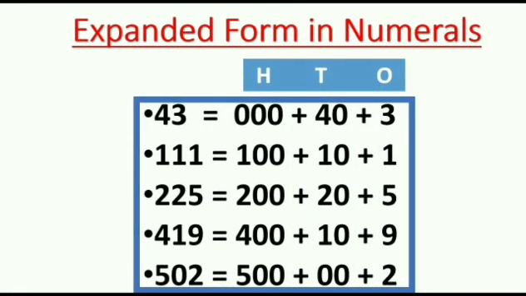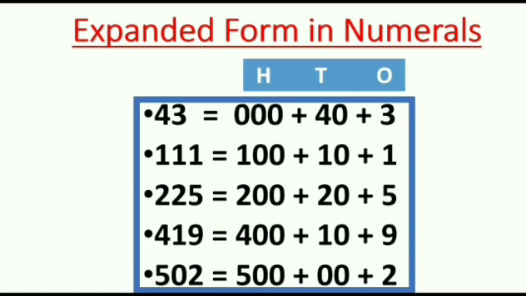Expanded form in numerals. So this we will solve on the basis of HTO method. Let's say example 43. When we break it into 2, we will get 40 plus 3. So 40 is on tens place and 3 is on ones place. Similarly, 111. If we break this, we will get 100 plus 10 plus 1.